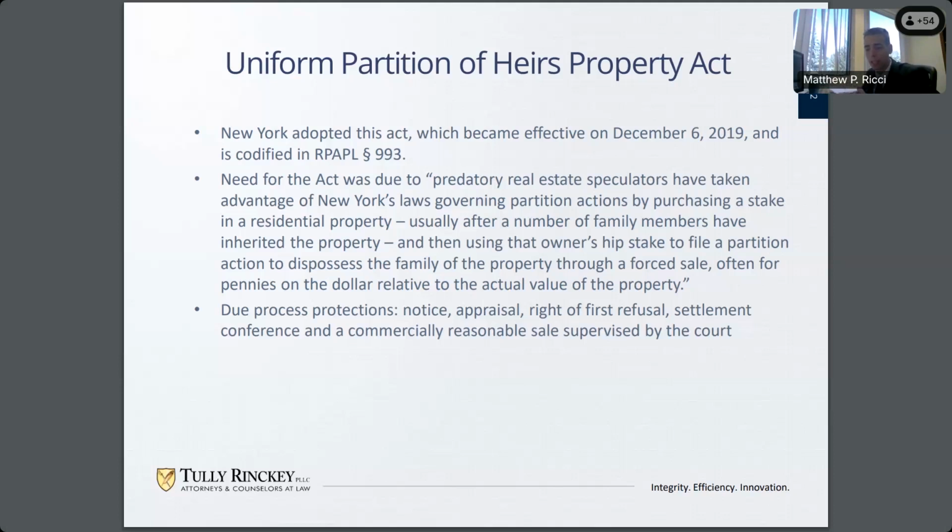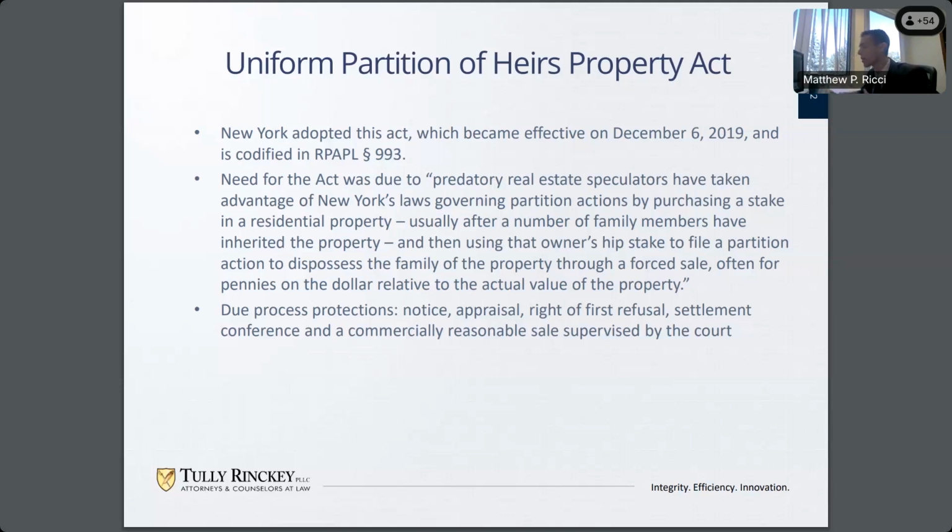But really, the due process protections now deal with notice, posting a sign on the property, the need for an appraisal, the right of first refusal. The act requires that there are settlement conferences that need to be initiated right away. And also the act sets forth that a commercially reasonable sale is required and to be supervised by the court.